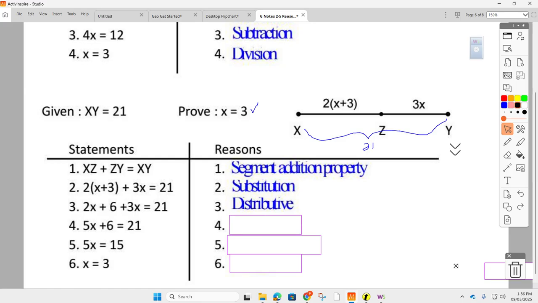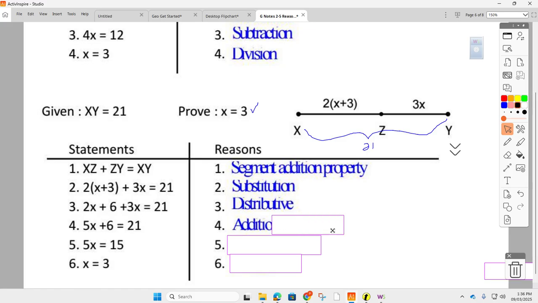What did we do to get from 3 to 4? Division. Don't guess. Look at it. I heard somebody say it right. You combined it. When you combine things, is that add, subtract, multiply, or divide? Add, right. So 2x plus 3x is 5x, right? So that is the addition property of equality.